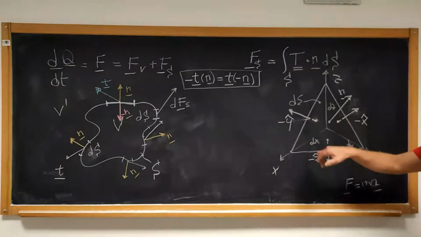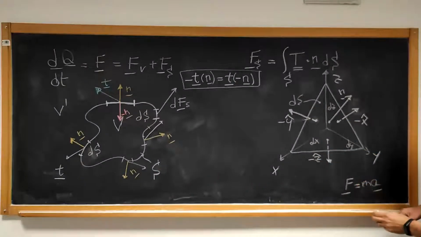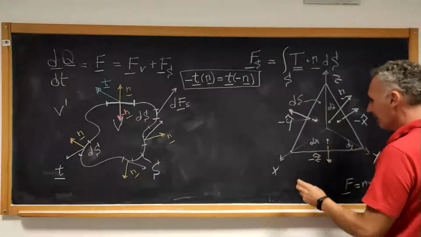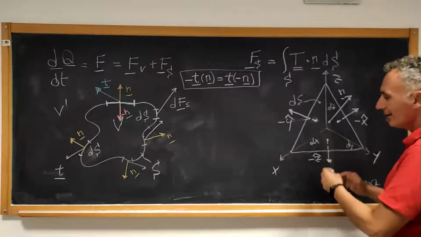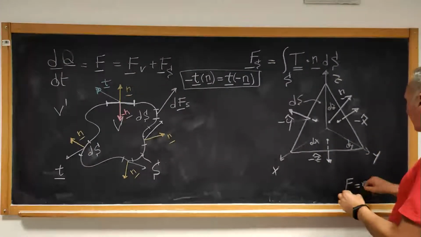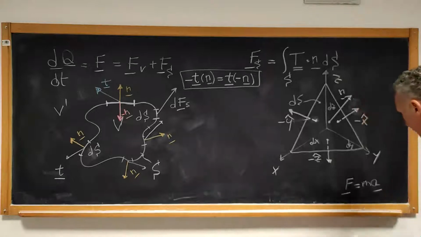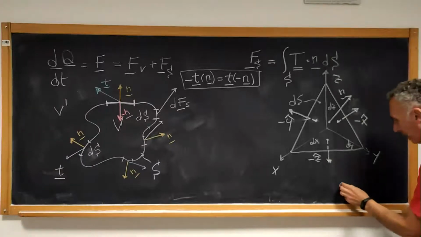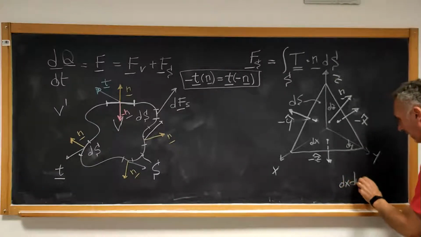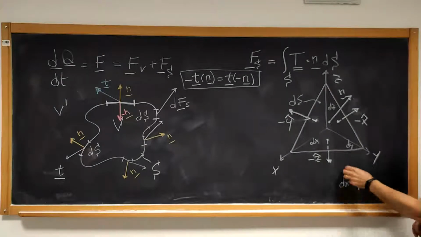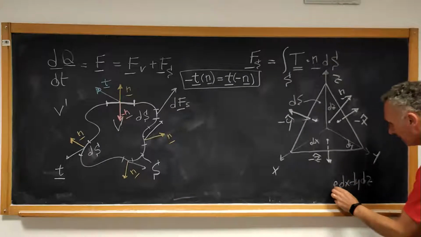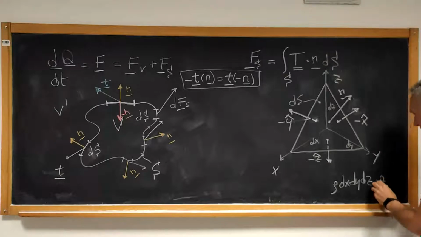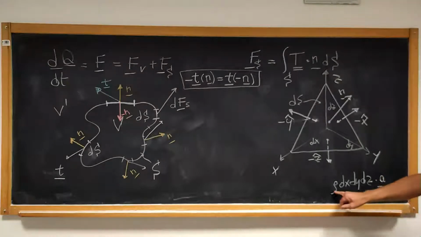So what is the mass? The mass for this tetrahedron is the volume, dx dy dz, times the density of the fluid, and then ma would be dx dy dz, the infinitesimal volume, times the density of the fluid, times the acceleration. So this would be ma.